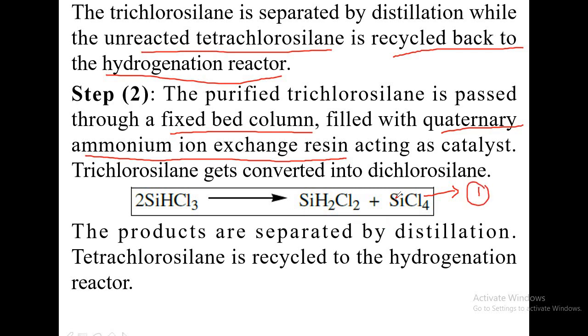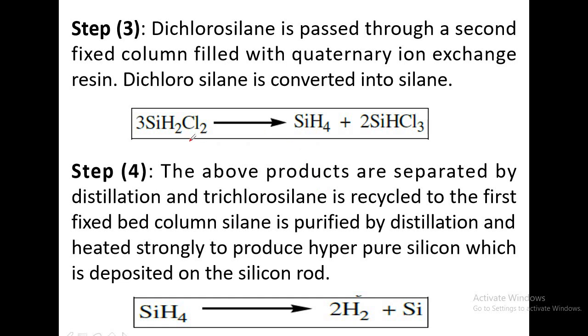These two products are to be separated by distillation, and then the tetrachlorosilane is taken to the hydrogenation reactor to produce trichlorosilane. And the dichlorosilane thus obtained is taken to the third step, where it is passed through a second fixed bed column that is filled with the quaternary ion exchange resin.